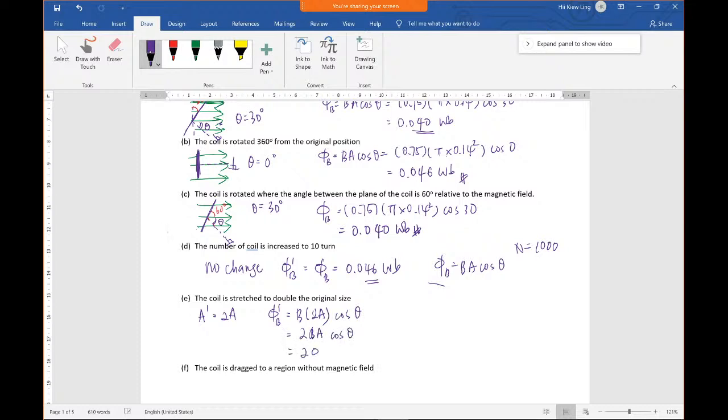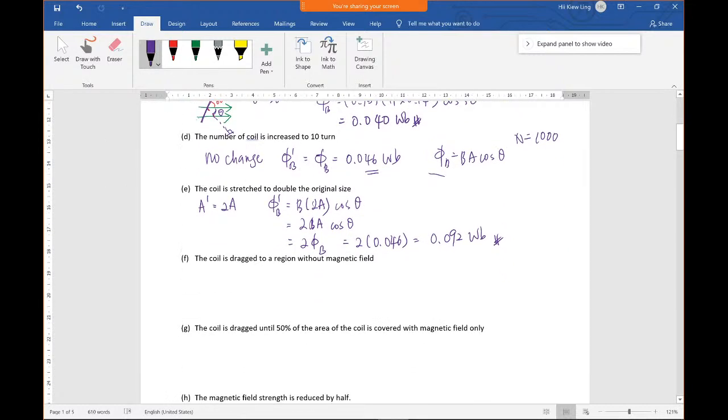So it's actually 2 times the original magnetic flux, 0.092 Weber. F, the coil is dragged to a region without magnetic field. So this one, magnetic field is equal to 0, so the new magnetic flux is also equal to 0.